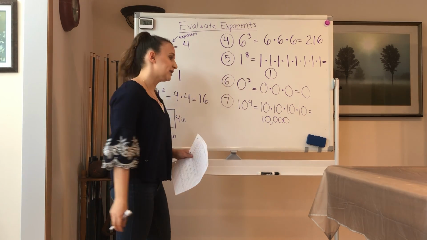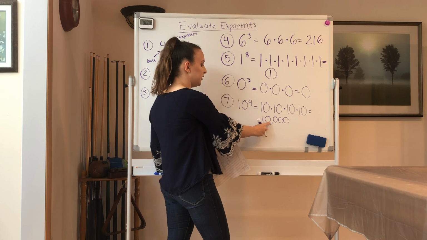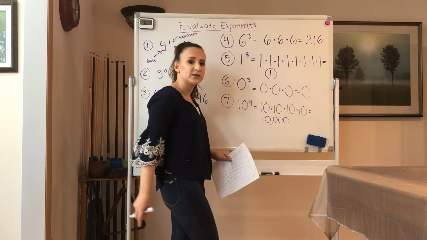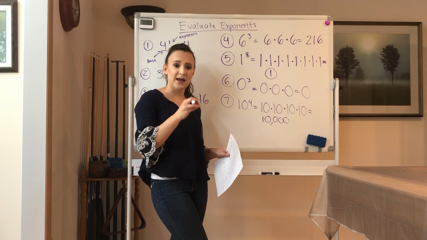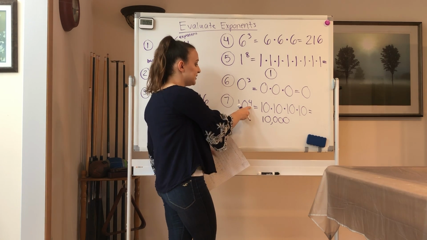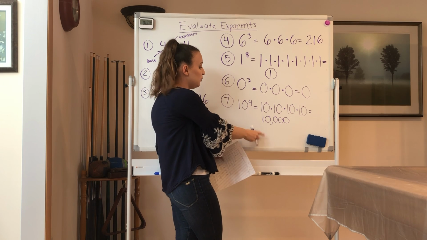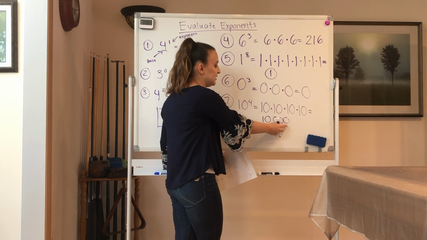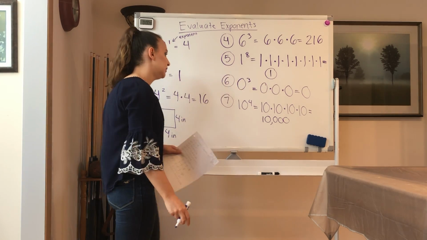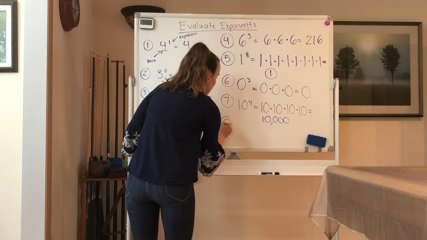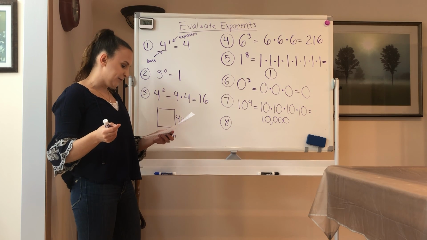And if you look at this, I have a 1, and I have 1, 2, 3, 4 zeros. Anytime you're dealing with exponents and you're dealing with 10 as your base, all you have to do is take whatever the exponent is, you put a 1 down, and then you add that many zeros. So we're adding 4 zeros onto the 1, is what you're doing. That's a trick for when you have a base of 10.